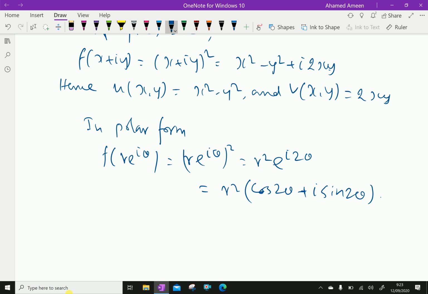Consequently, we can say u of r, theta equal to the real part, r squared cos 2 theta, and v of r comma theta is r squared sin 2 theta.